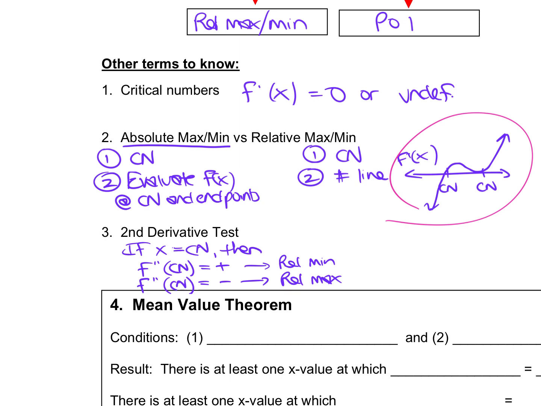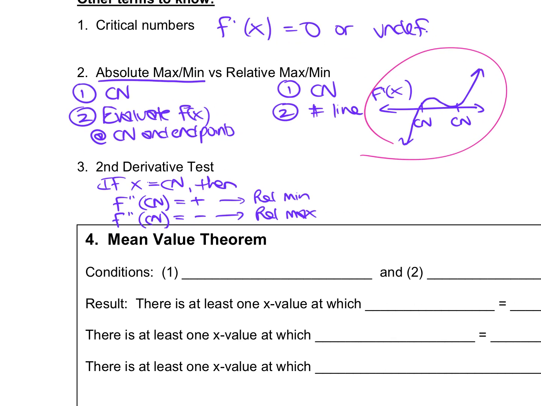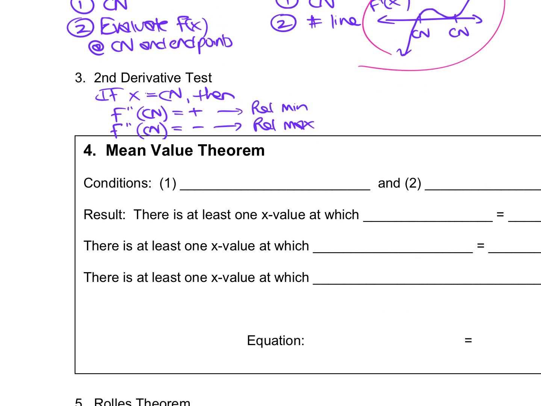We did IVT, MVT, okay? MVT had 2 conditions. In order to apply MVT, it had to be first what? Continuous, secondly, differentiable. So you could take the derivative of it.